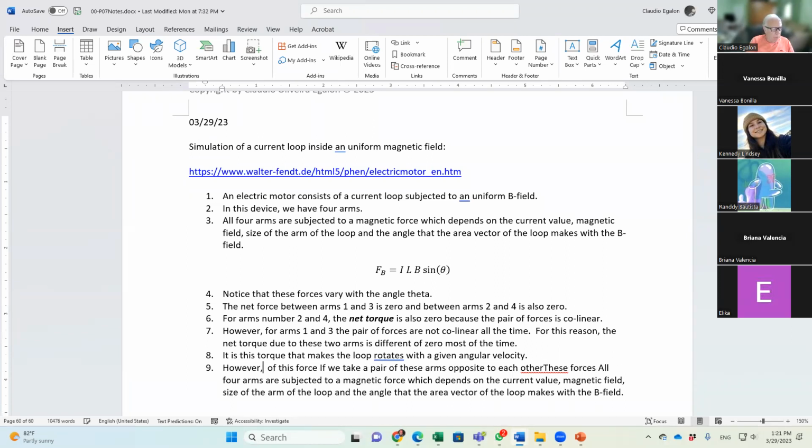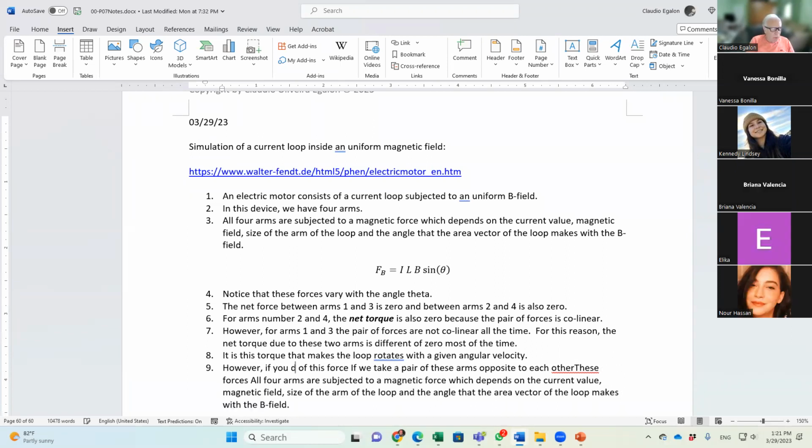However, if you don't do anything, the loop will only oscillate.